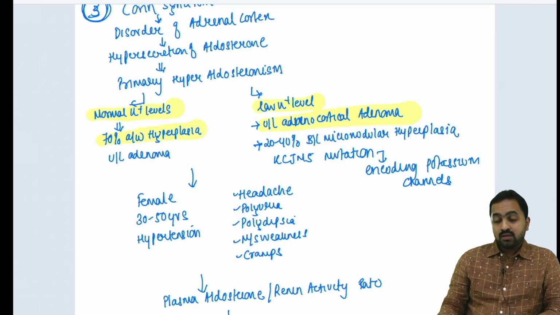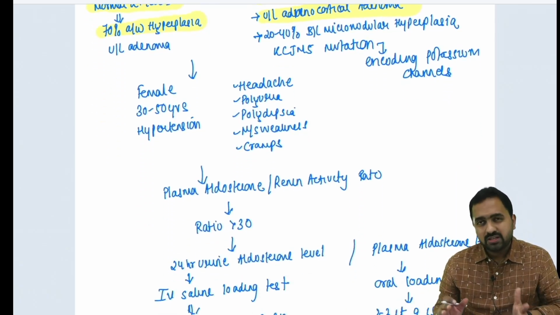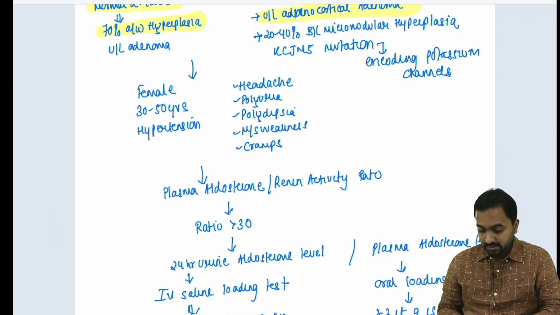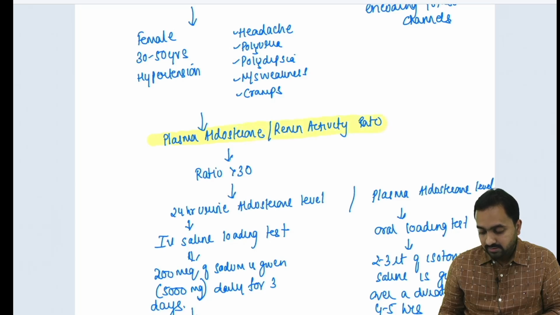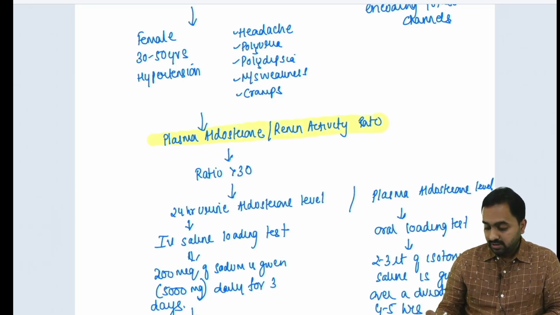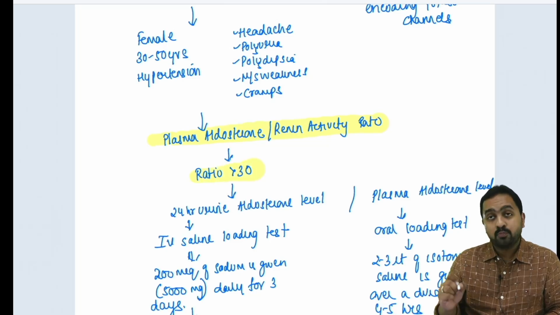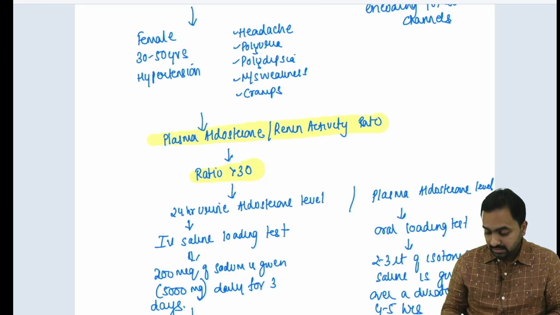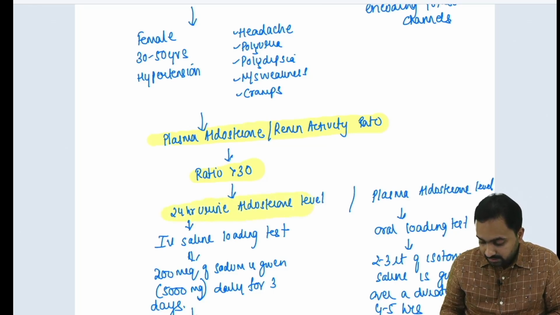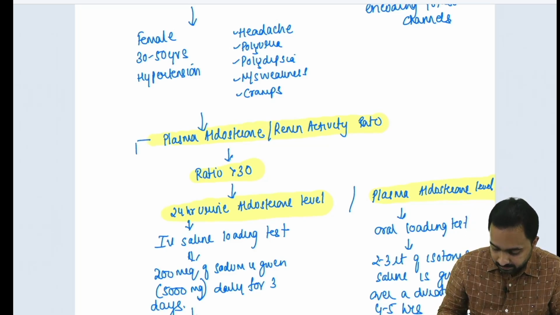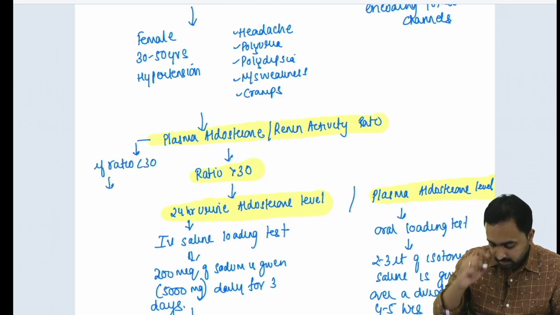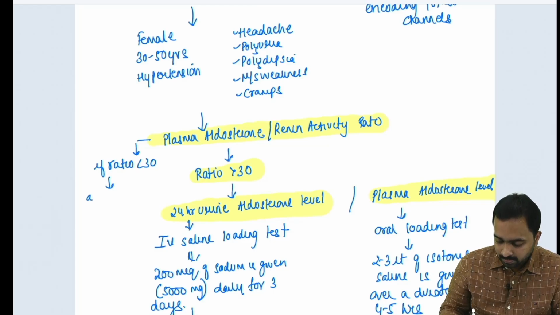Such patients would usually be female in an age group around 30 to 50 years presenting with hypertension, where we would go for a biochemical test, that is the plasma aldosterone renin activity ratio, a ratio of more than 30 would prompt the further confirmatory biochemical tests, which would be the 24-hour urine aldosterone level and the plasma aldosterone level. If the ratio is less than 30, we basically go for alternate diagnosis.